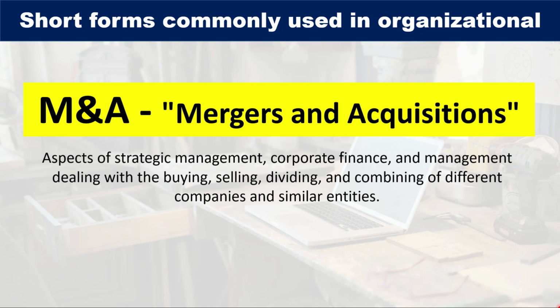Suppose two companies are merging, or two companies are trying to work on the same project, so they form one union, one company with the help of two organizations. At that time the short form M&A is used.